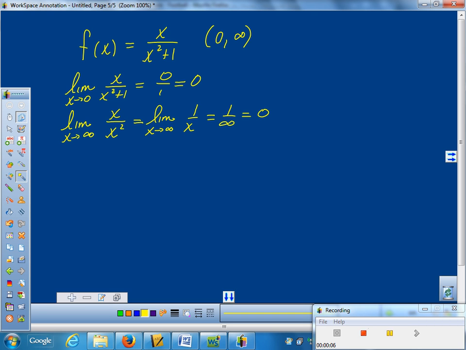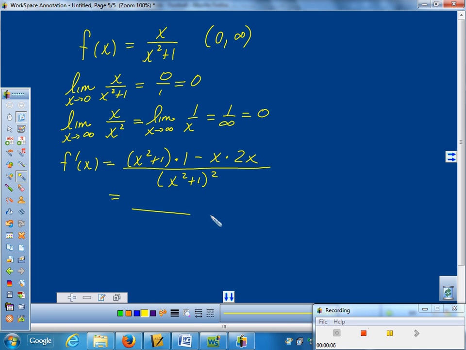Okay, so what's going to make this a fun one? Derivative, quotient rule. But after the ones you were doing earlier, this one doesn't look that bad. So, low d high minus high d low, and then, of course, need to clean it up, which actually turns out kind of nice because that's minus 2x squared.